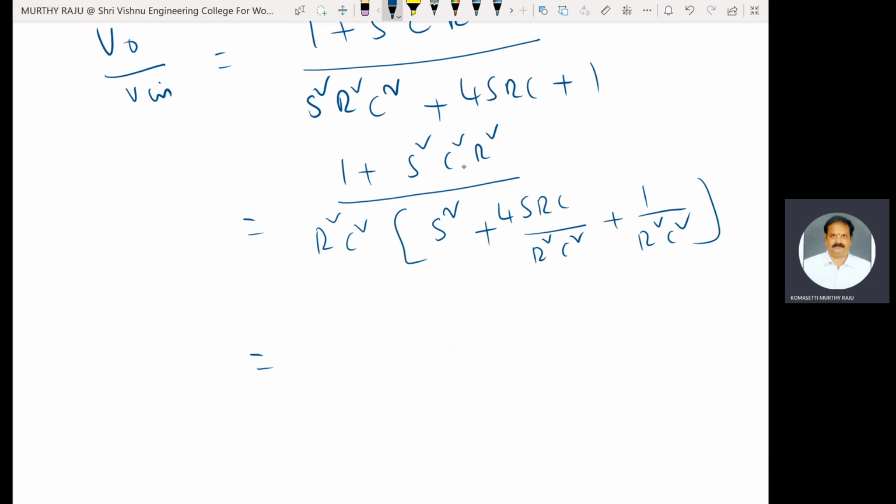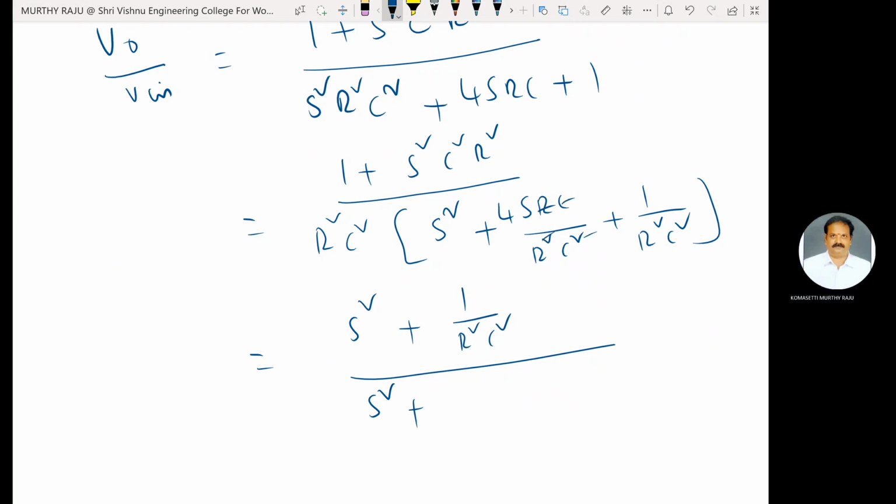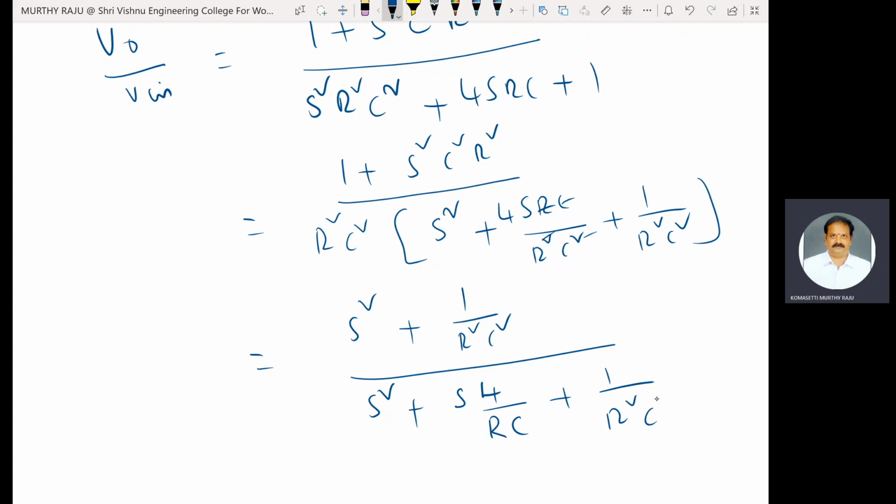Divided by this, S square C square R square by S square C square R square, that is S square plus 1 by R square C square by S square plus 4 S by R C plus 1 by R square C square.